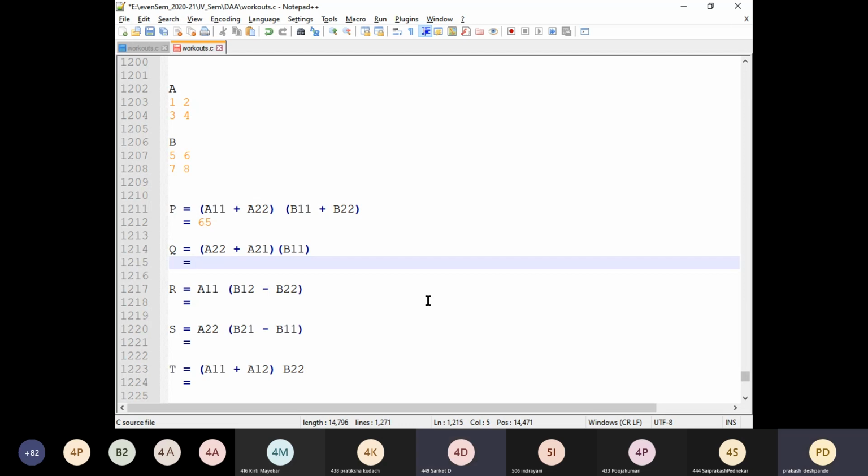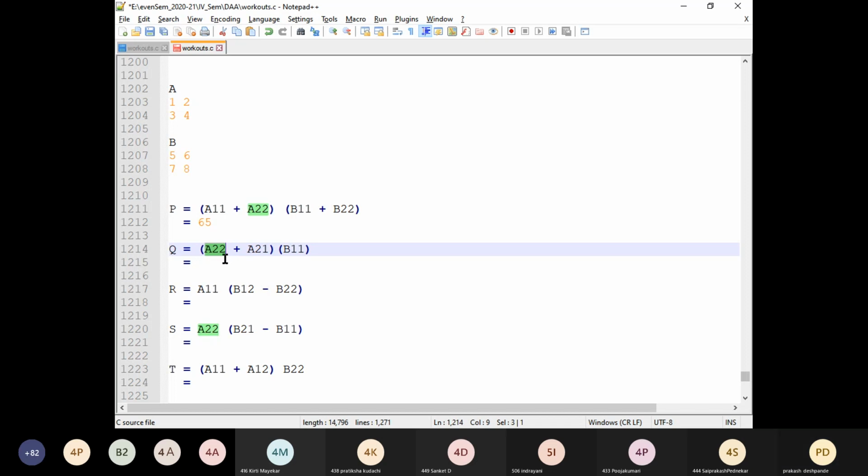A22 means which row, which column? Sanket? A22 means which particular row and which particular column of which matrix? Sir, A matrix. What is the row number? Second, sir. Answer, Sanket.